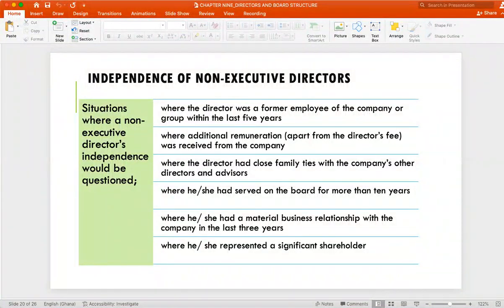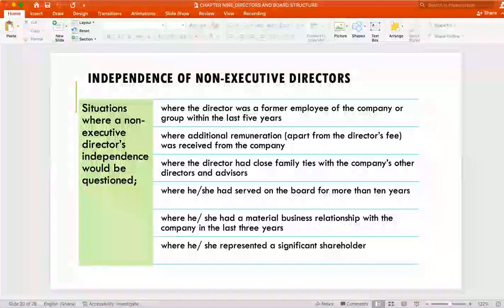So if you were an employee of the company within the last 5 years, you cannot be considered an independent non-executive director, even though presently you are not with the company. All right.